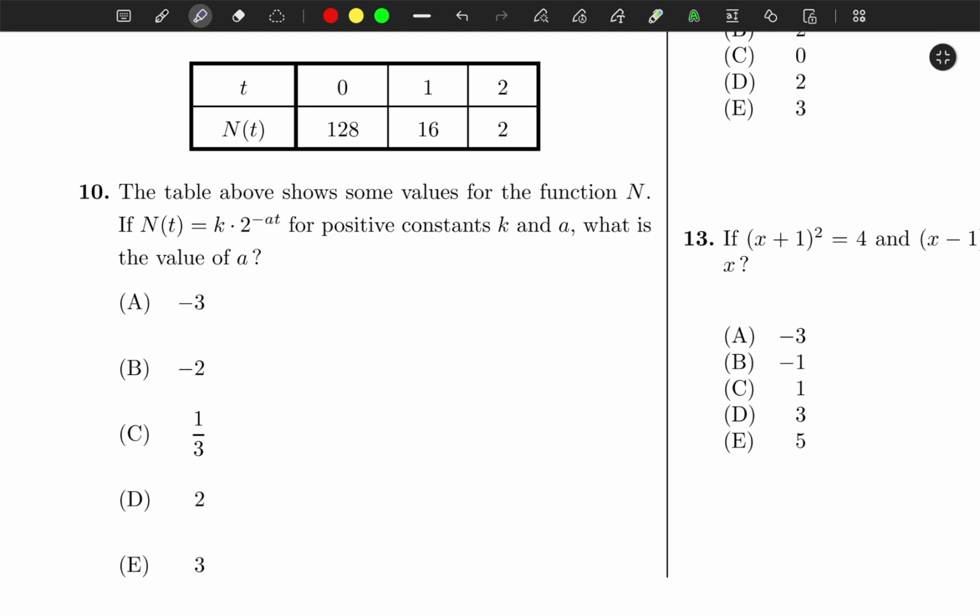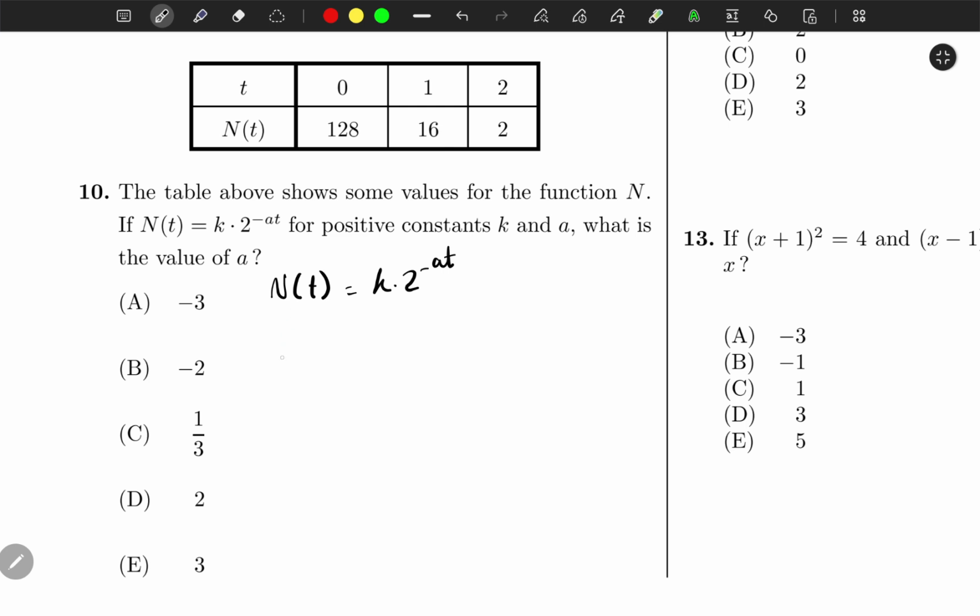Alright, so I guess we'll first of all just substitute in this value over here. So t is 0 and n of t is 128. We'll do that. So we have n of t is equal to k times 2 raised to minus at, right?